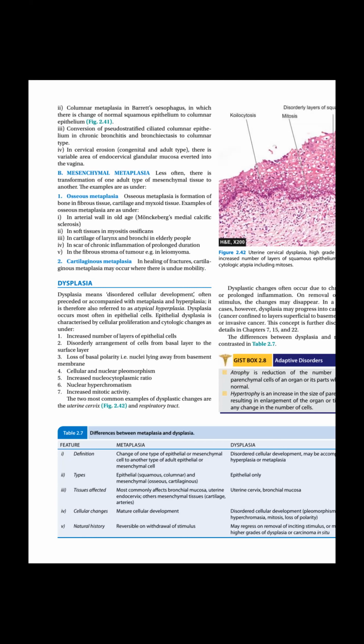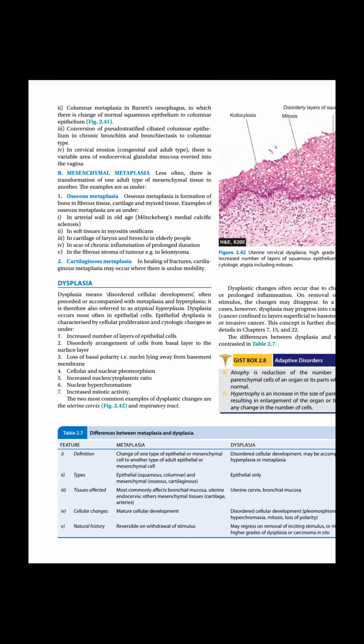It is referred to as atypical hyperplasia. Dysplasia occurs most often in epithelial cells. It is characterized by an increased number of layers of epithelial cells, disorderly arrangement of the cells, loss of basal polarity, meaning the nucleus is not working properly, and increased nucleocytoplasmic ratio.